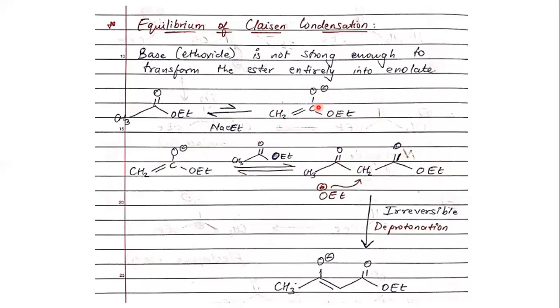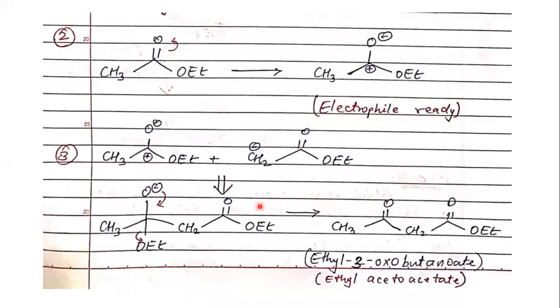So I have to have some driving force that is going to make sure that this product is formed in a large quantity. Now, as you can see here, the carbon between the two keto groups is an acidic carbon. It has acidic protons. One of these protons can be deprotonated by the ethoxide group that has been removed. If you remember, the ethoxide group is removed in the condensation step.